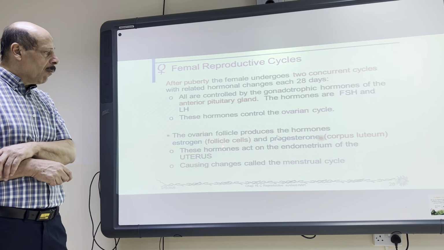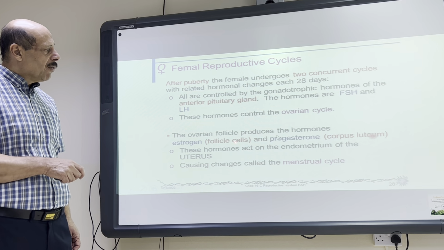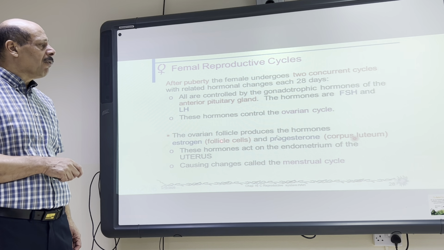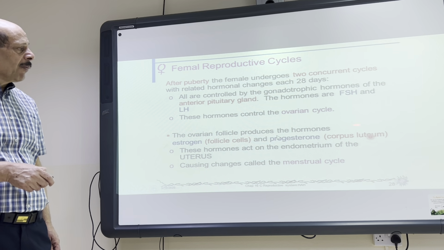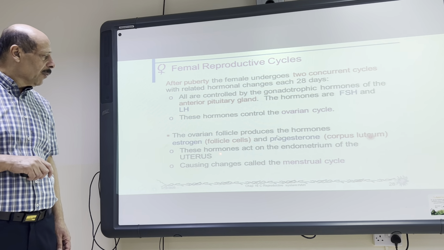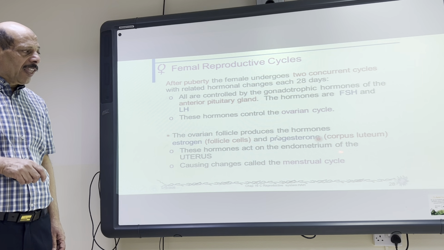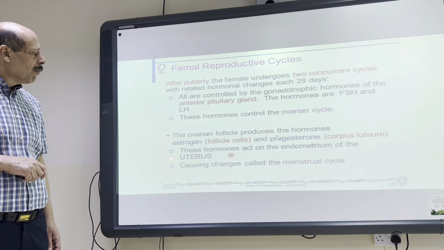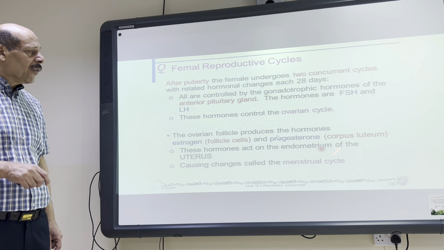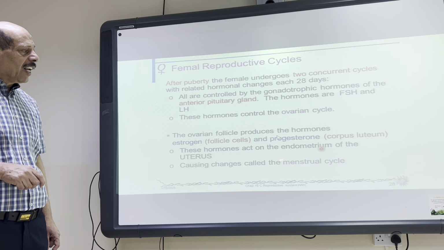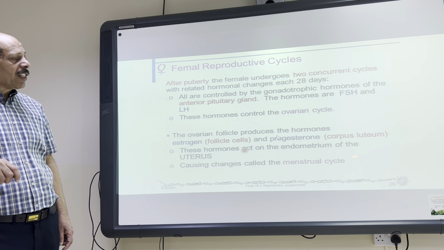Estrogen comes from the follicle cells during the process of maturation of the ova, and progesterone from the corpus luteum after the rupture, when the ovum comes out. These hormones act on the endometrium of the uterus in order to prepare the uterus to receive the fertilized ovum.